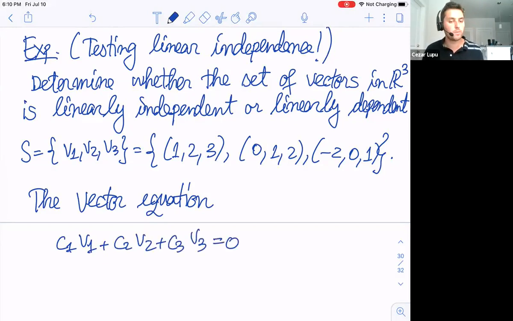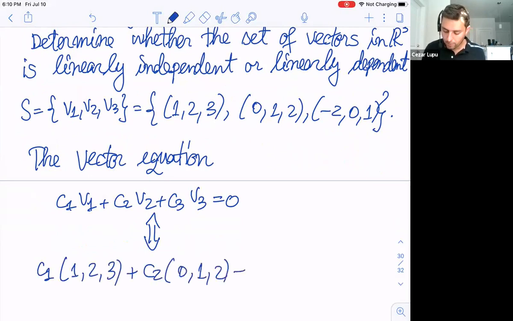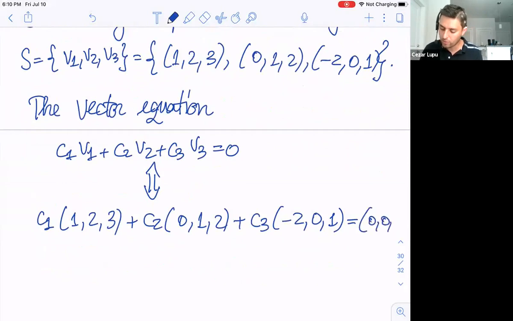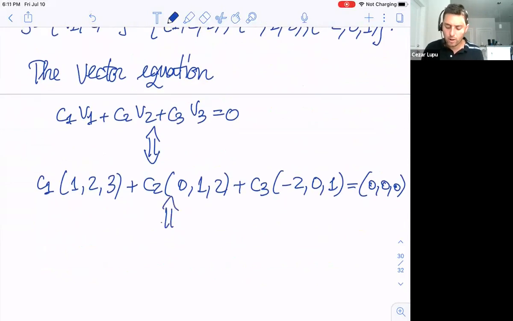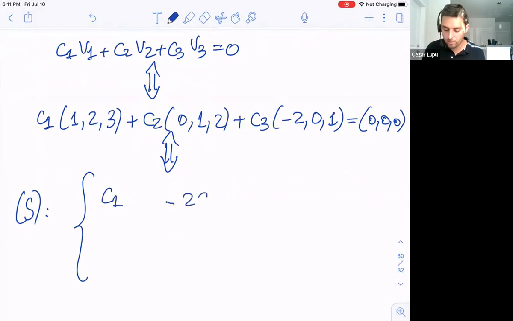That's the vector equation, and this is equivalent to C1 times (1, 2, 3) plus C2 times (0, 1, 2) plus C3 times (-2, 0, 1), and we set it equal to the 0 vector in R3, (0, 0, 0). After doing all these computations, we'll end up with the following system. This time the system will have something in particular. The system is C1 minus 2C3 equals 0.